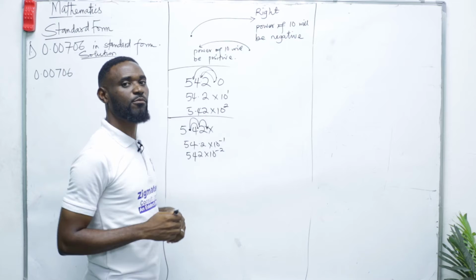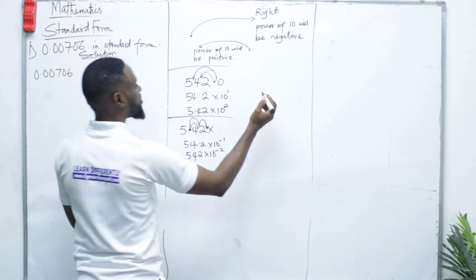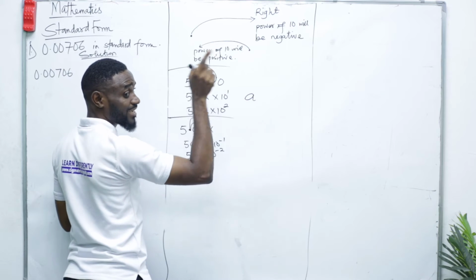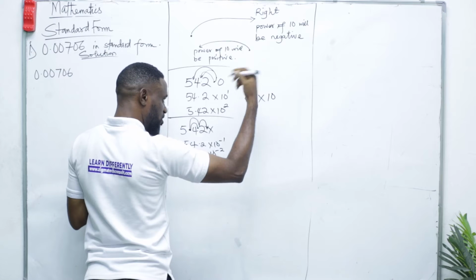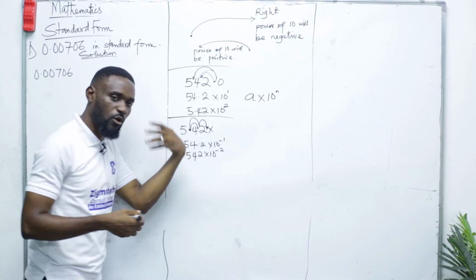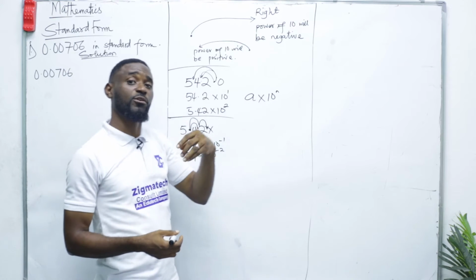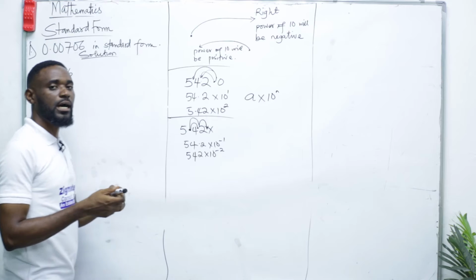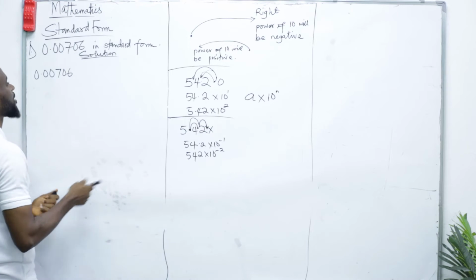Remember, our standard form should have an expression like A times 10 to the power of n, where A is a number between 1 and 9, and n represents the number of figures you will count before you get to that number between 1 and 9.